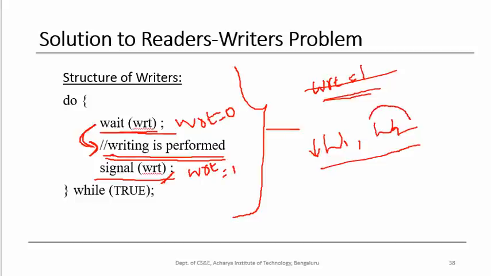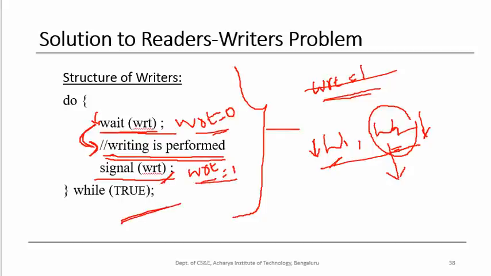Now W2, which is waiting, why is it going to wait? Because this is the one which sees WRT after W1. When it sees WRT, it would have become 0. So the wait operation will not allow the process W2 to enter into the critical section. So it will be waiting. When this signal operation is performed by W1, that's when W2 is allowed to enter into the critical section.